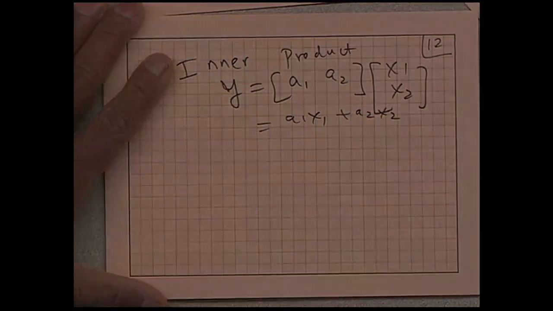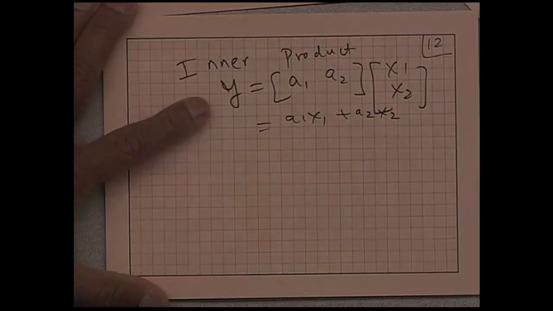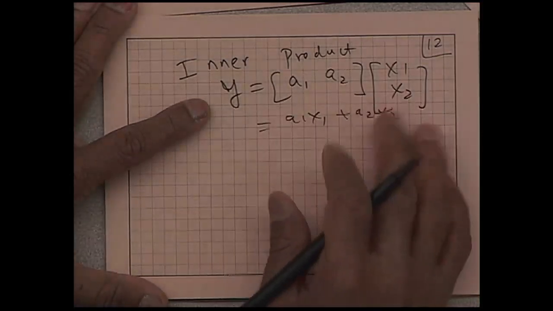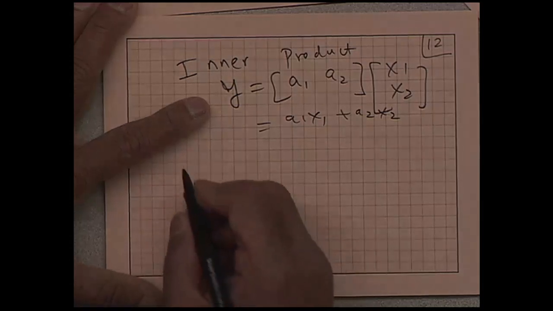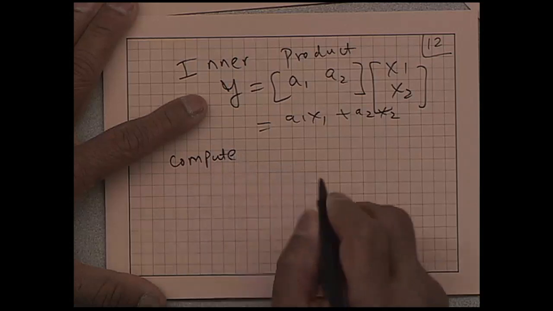What is the easiest way to compute this? First of all, we have to always make sure that this sum has to be bounded between minus 1 to plus 1, or in case of unipolar, between 0 and 1.